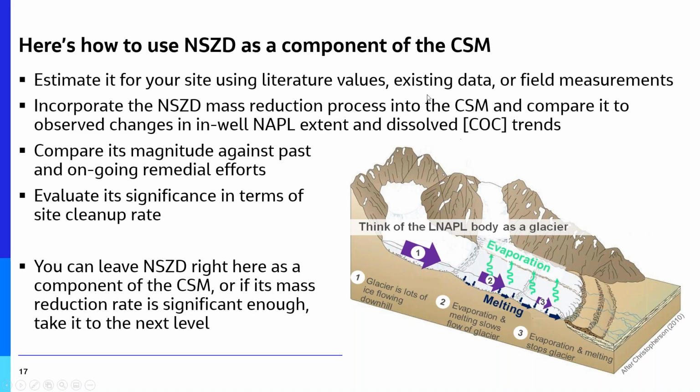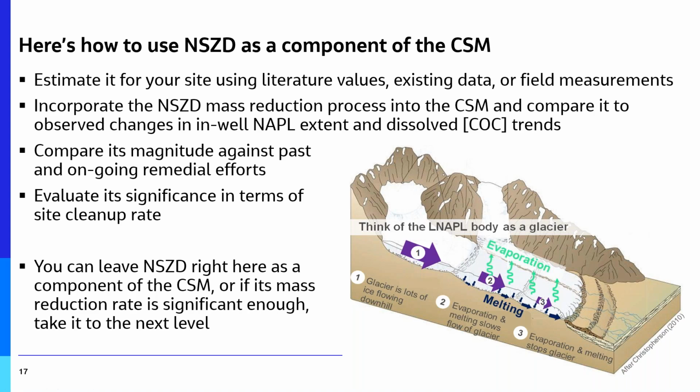The first is to think about your NAPL body as a glacier. If you have concerns of migration, which is often mischaracterized as mobility, really what we're most concerned about is making sure that NAPL does not move down the hillside, in this case, into areas of clean soil. So it is helpful to think of the LNAPL body as a glacier.